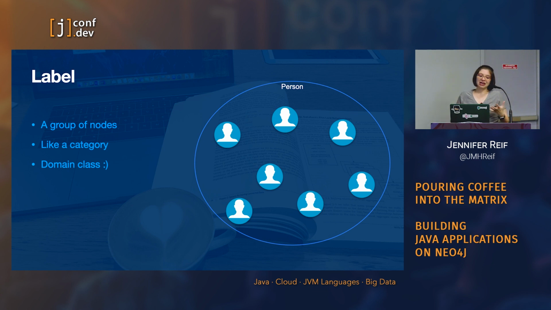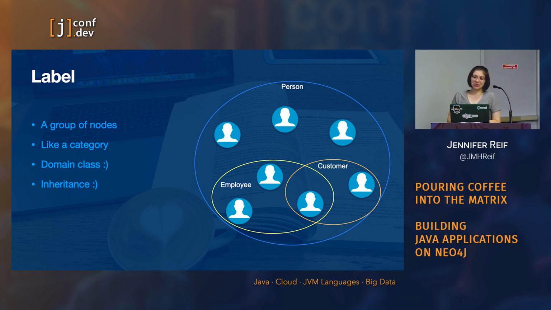Okay, so a label is kind of like a group of nodes. It's like a category. Coming from a Java background, you can think of it kind of like a domain class. It's your general definition for that object. You can also have subclasses, if you will, or in this case, additional labels that you could further categorize entities with. So I like to think of this as a Java background.